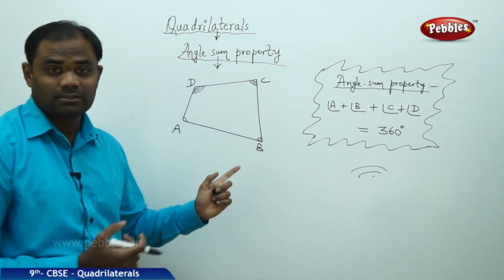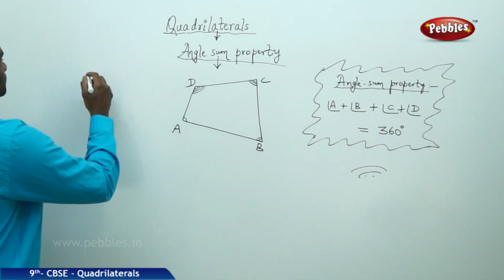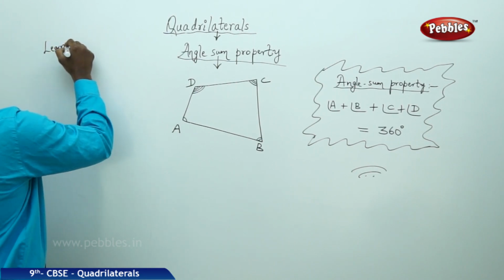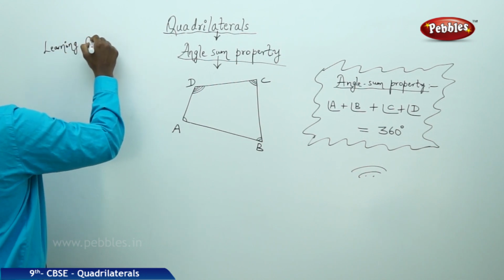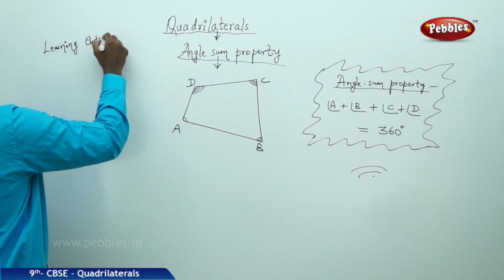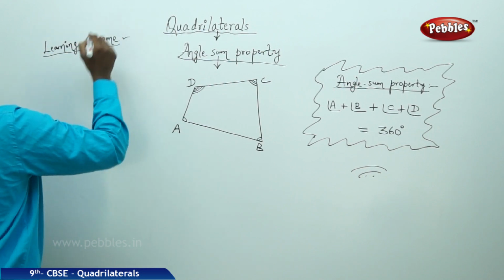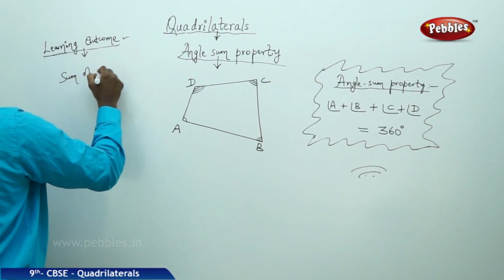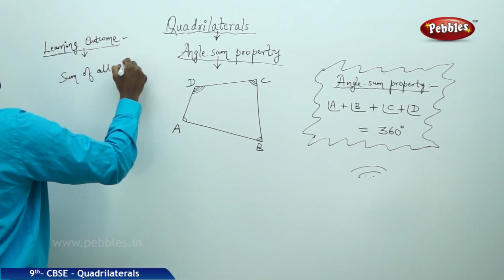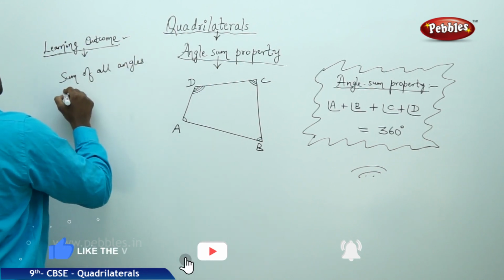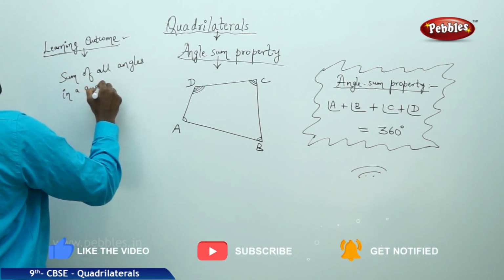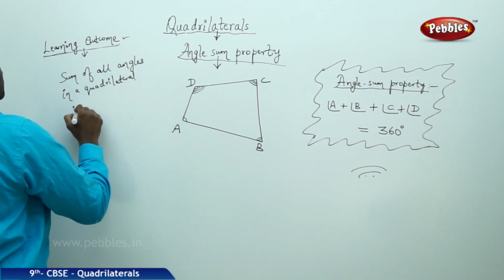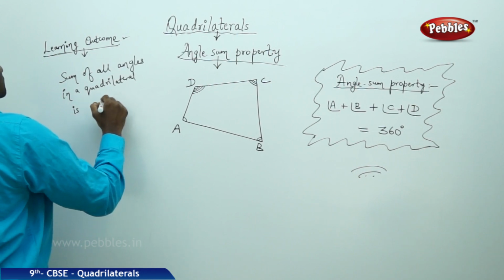Let's communicate this in words. Learning outcome here. What is that? Sum of all angles in a quadrilateral is 360.